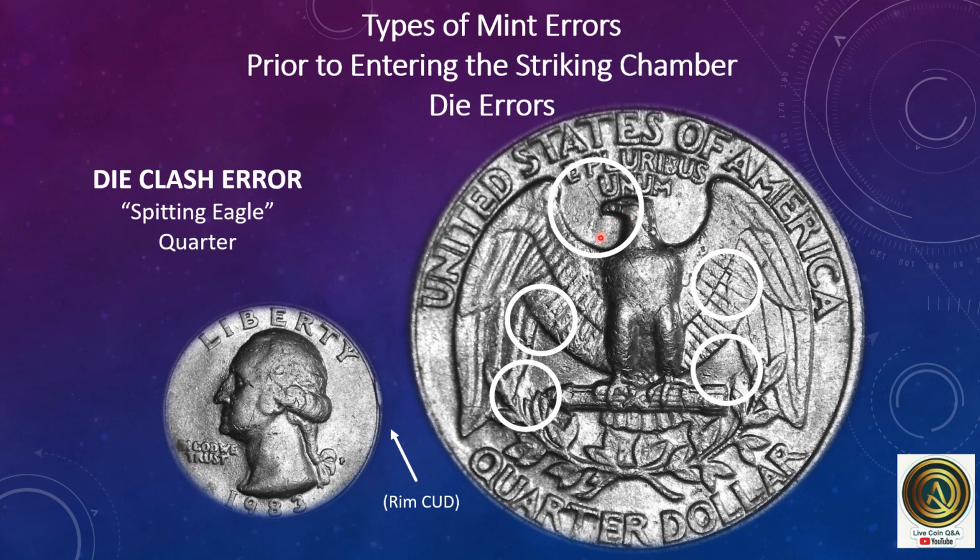The spitting eagle shows as this line here, which is merely a die clash of the obverse of the quarter. Some other areas to look for die clash are in these areas. This particular coin actually has a rim cud.